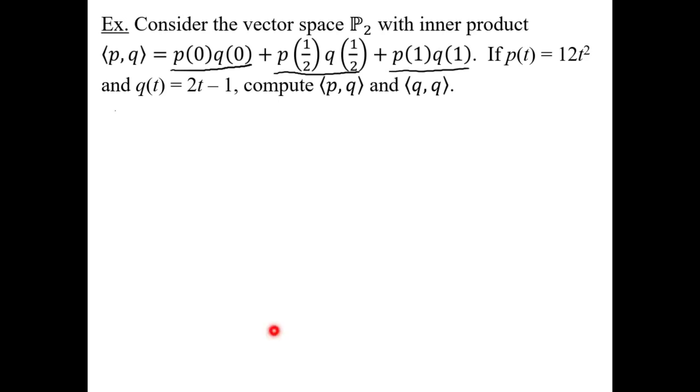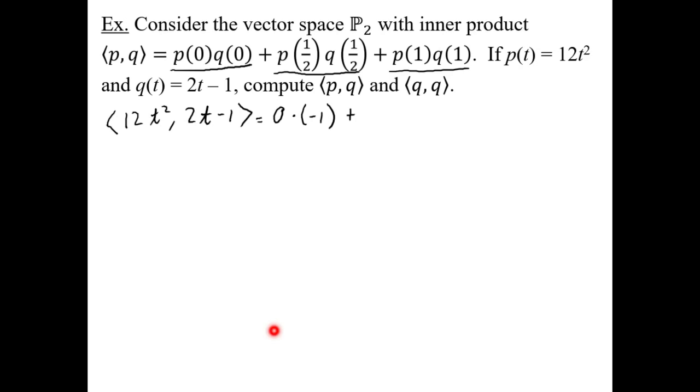So if I want to find the inner product between 12t squared and 2t minus 1, so that would be the inner product between p and q. We're told to evaluate the first polynomial at 0, which would be 0. Evaluate the second polynomial at 0, which would be -1.